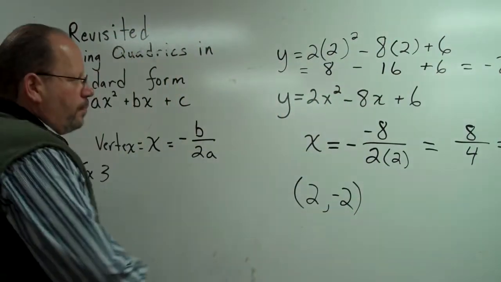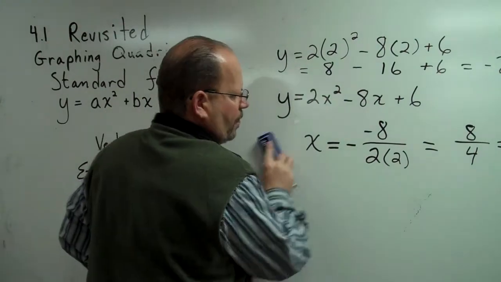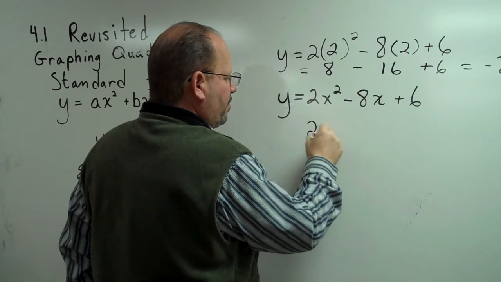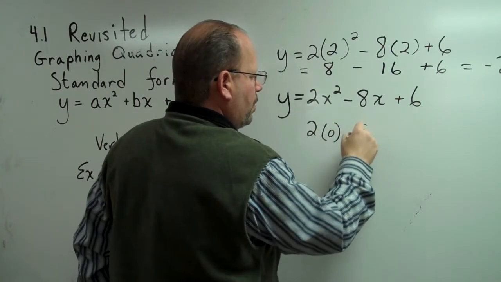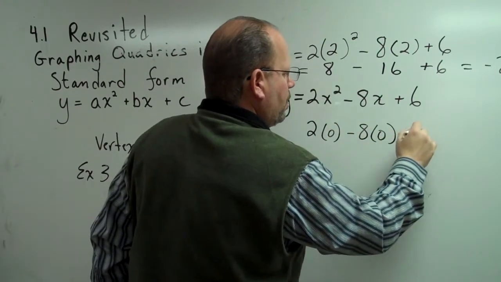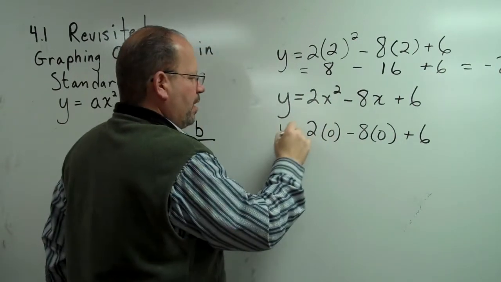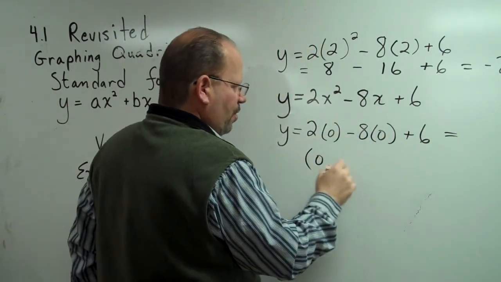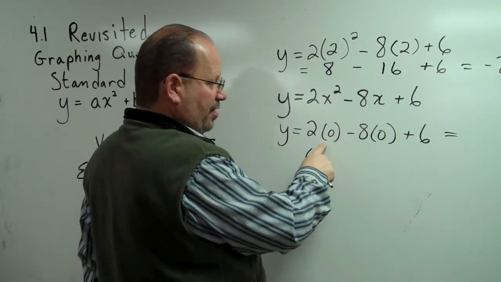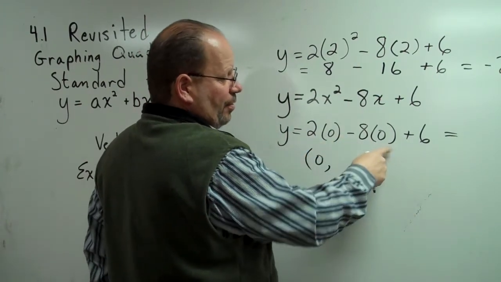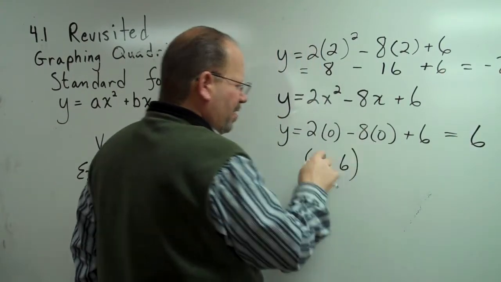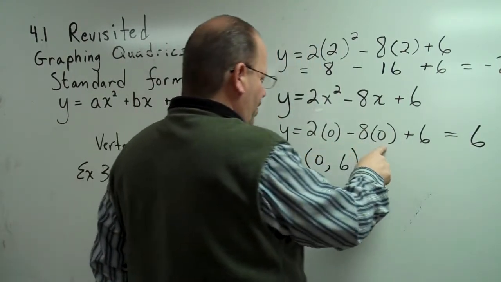So now we insert 0, and we find that when x is 0, y is 2 times 0 is 0, minus 8 times 0 is 0, plus 6 is 6. See, that's why 0 is easy to work with.